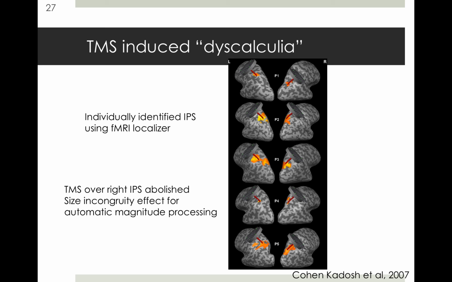And essentially what they showed was that the subjects after TMS over the IPS no longer showed the size incongruency effect. So they no longer showed the reaction time difference between numerosity congruent and incongruent conditions. So essentially you can artificially induce a very transient form of dyscalculia by just stimulating the parietal cortex.